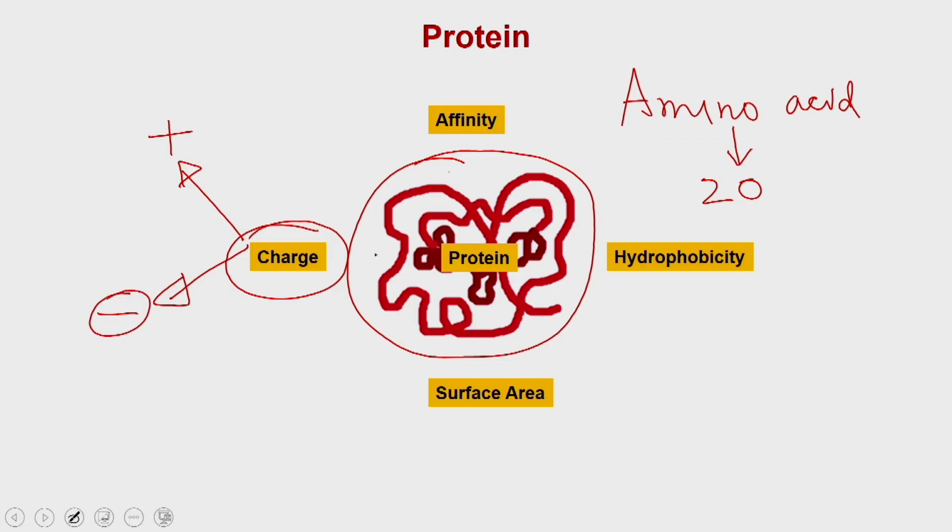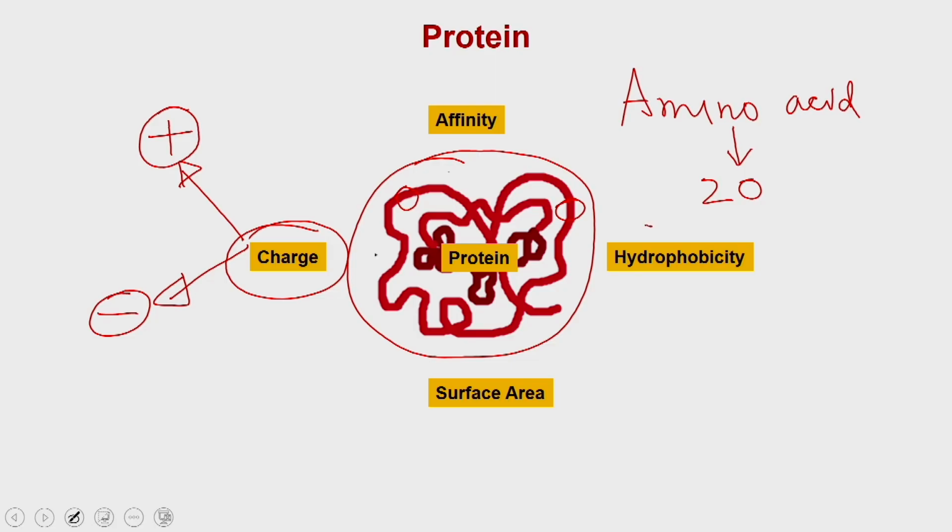Not only the charge, but the distribution of these charges on the protein may also vary between two different proteins, and accordingly their affinity for the matrix could also be different. So, charge is one of the properties which can be exploited for chromatography.